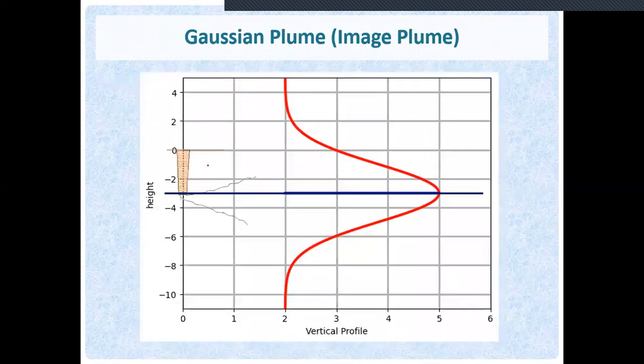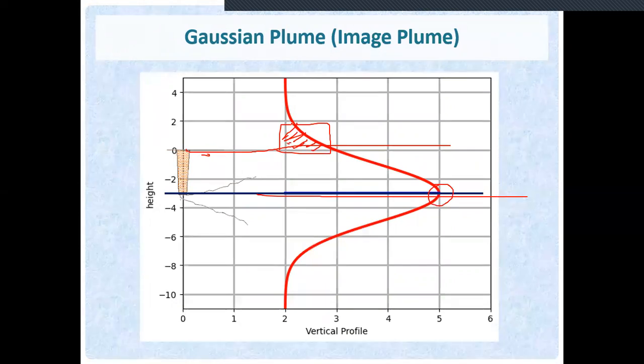This is the ground level, and we have the imaginary plume of the same height, and it is going to predict the maximum concentrations at the axis of the plume. However, these concentrations will be predicted above the ground.